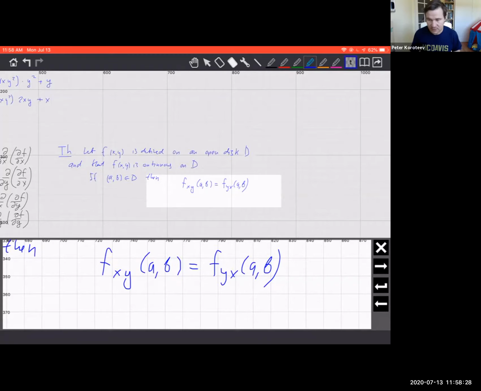So you can check at home that the examples that we looked at earlier, with discontinuous functions with different limits as (x, y) approaches 0, if you evaluate the derivative in x then y, and then in a different order, then the answers will be different.